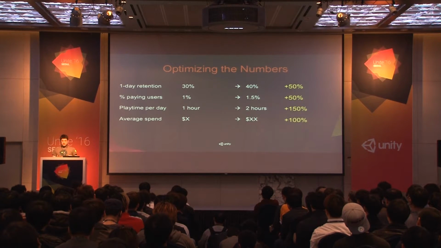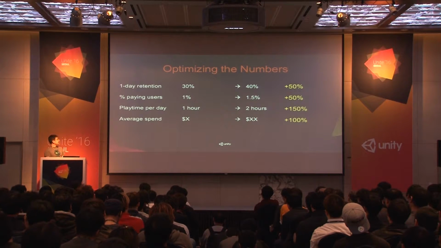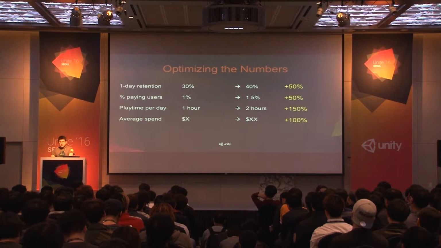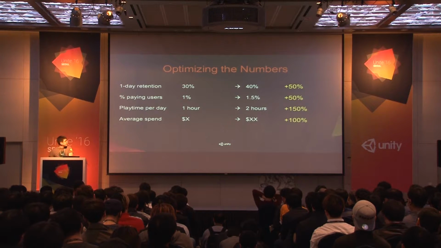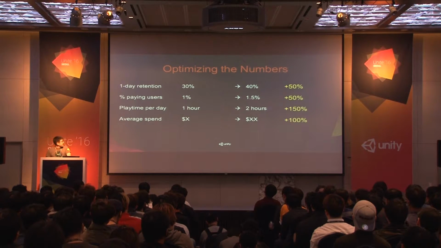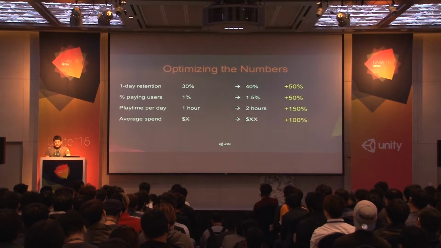And then after you've done this, say you work on your average spend, and if you look at how your users are playing your game and what items they're doing, this is actually probably the easiest thing to increase after you've launched your game. So let's say that we've doubled the average spend, so an extra 100% to here.